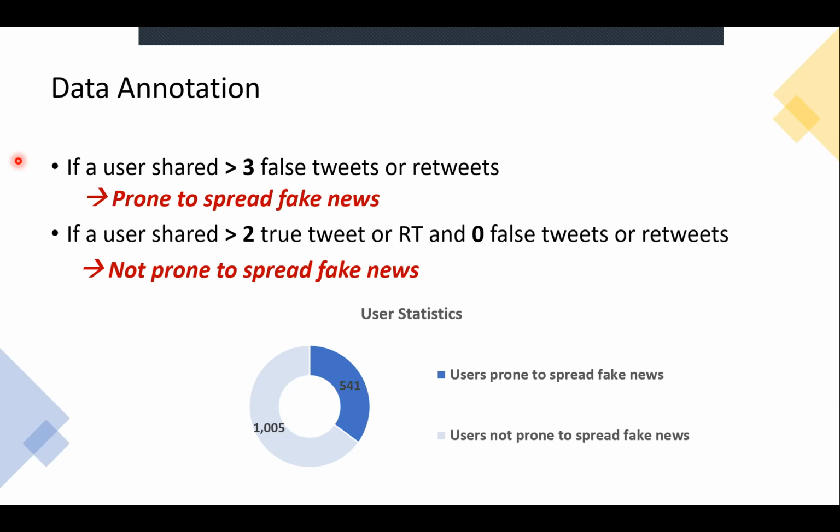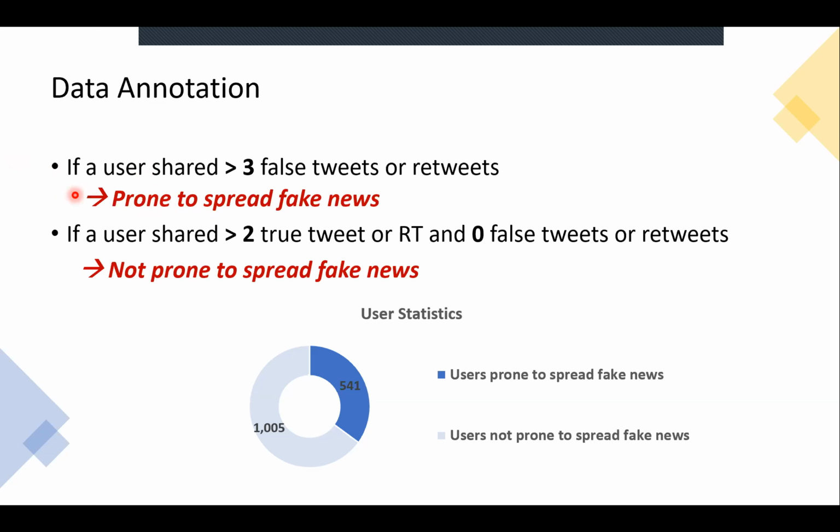Thank you. Okay, so users prone to spread fake news, if you can see the slide now, if they share any false information, regardless of the number of true information that they share. So there are some cases in our dataset, and there are some users that have actually both a mix of true and false information.